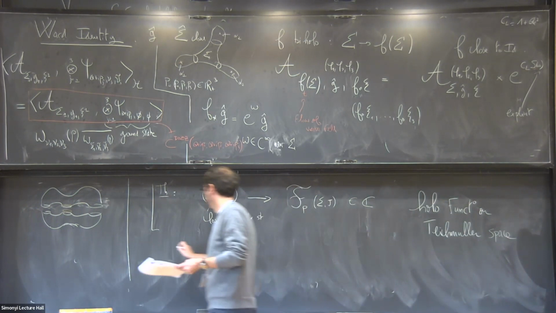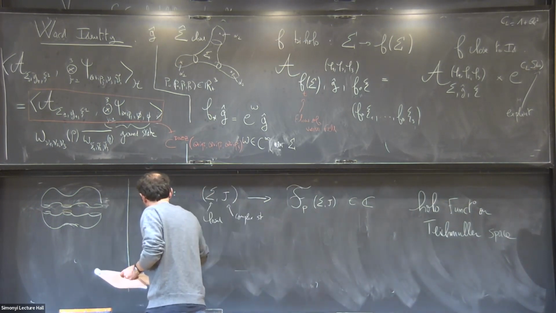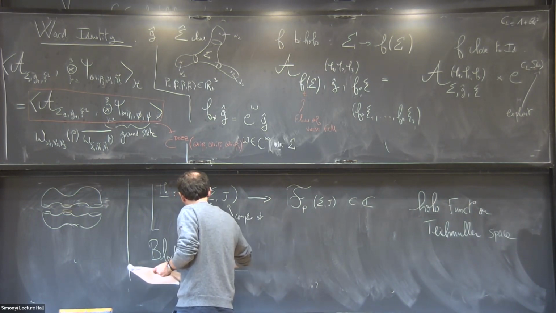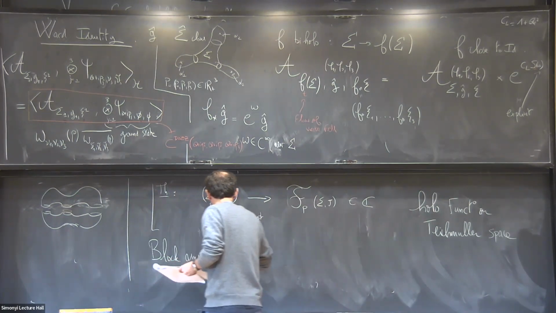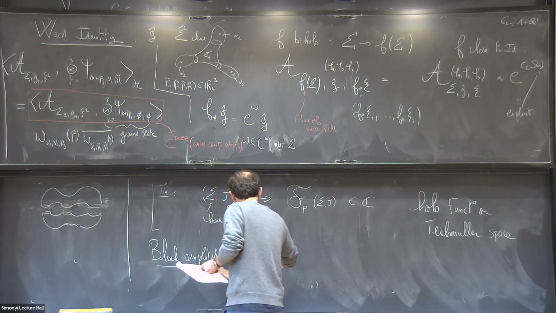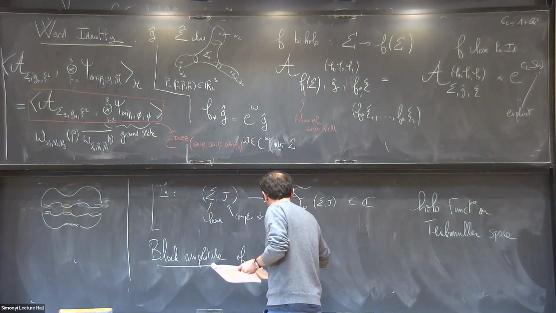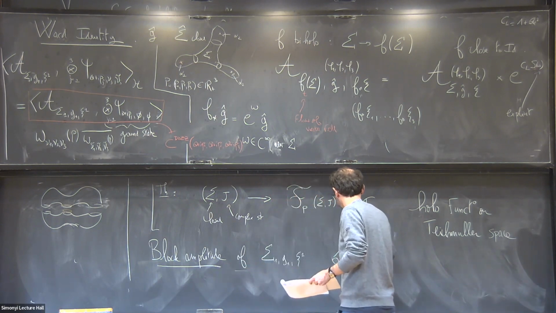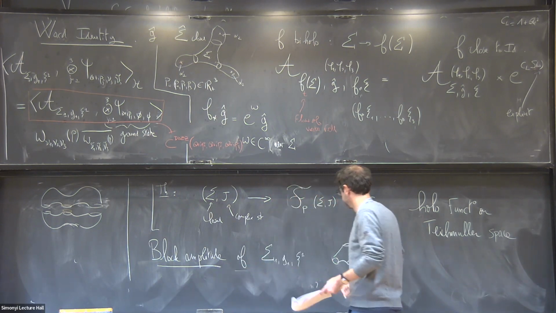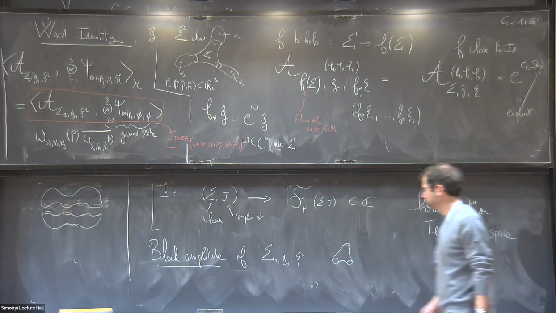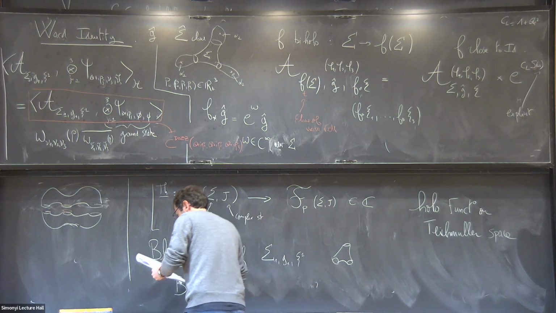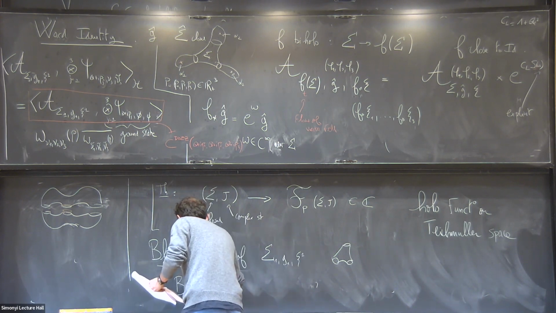For this, I need the block amplitude. I want to define something which is related to this Liouville amplitude, but I will call the block amplitude of, let's say, for instance, sigma 1, G1, C1, which is this pair of points. What is the block amplitude? It's going to be a function B, depending on P1, P2, P3, which are this momentum parameter.